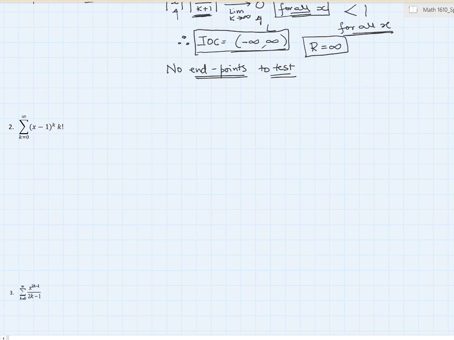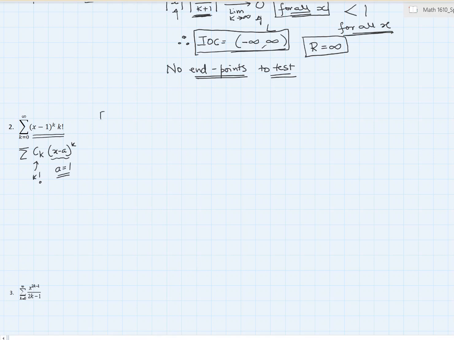Next, now I have x minus 1 raised to the power k times k factorial. So if you see the similarity with c_k times x minus a raised to the power k, you will notice that c_k is k factorial, and from here you can see a is 1. So let's see if it really turns out like this.